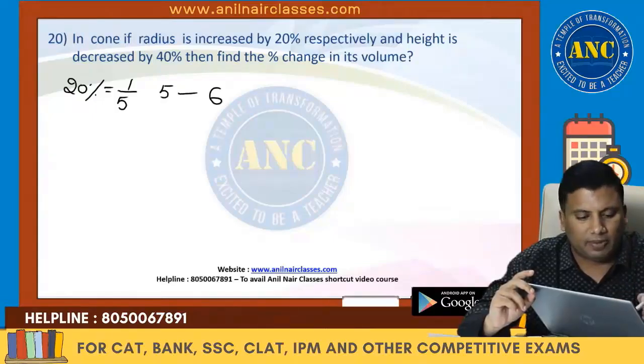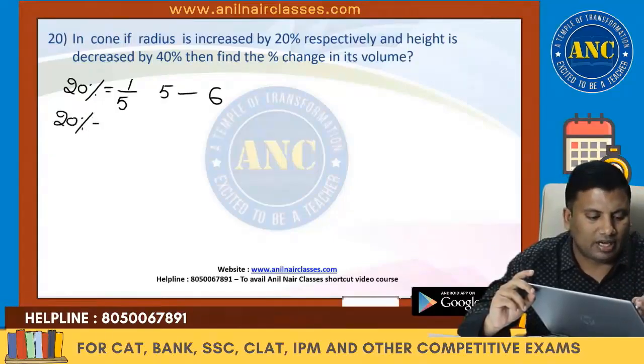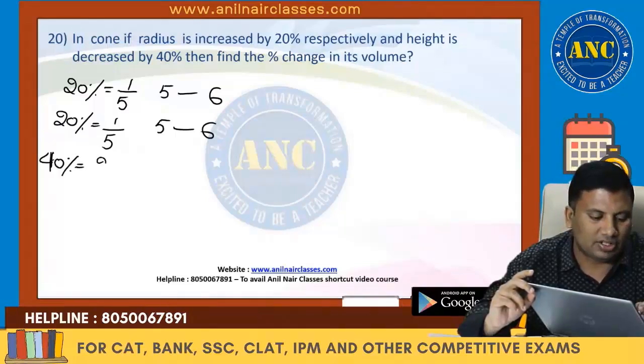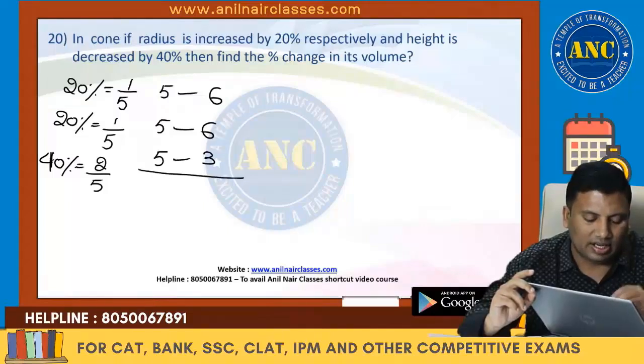5 increased to 6. Again pi r square h, 1 by 5. 5 increased to 6. Again height decreased by 40%, it is 2 by 5. 5 decreased, it is 3. 5 5 5, 125. These 108.